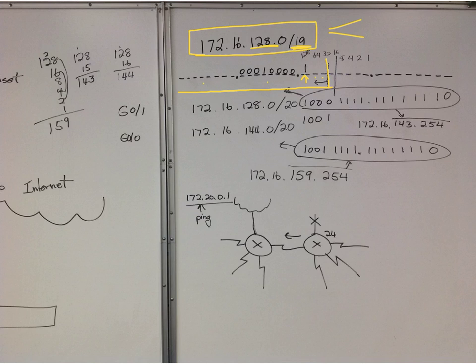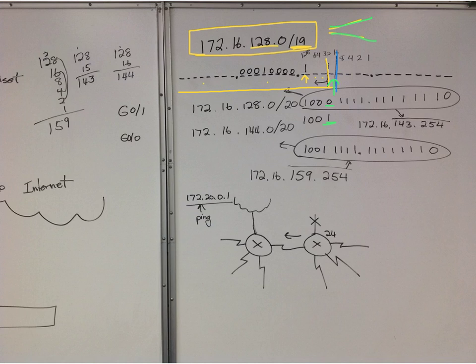So what we did was I borrowed a bit. So what we did here, we borrowed 1 bit, which will give us 2 options. I got them written out here. It's either that bit will be a 0, or that'll be a 1. That'll give us 2 more networks.